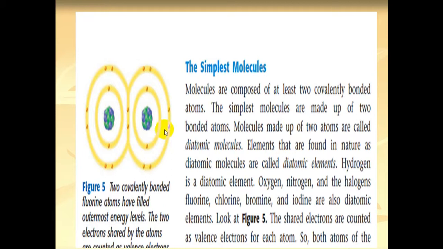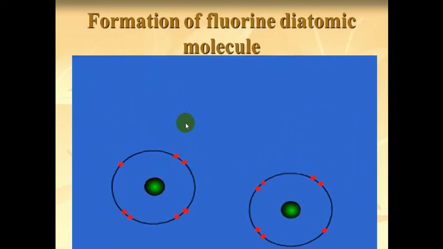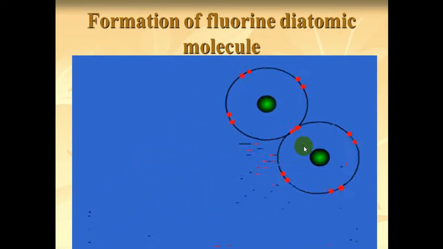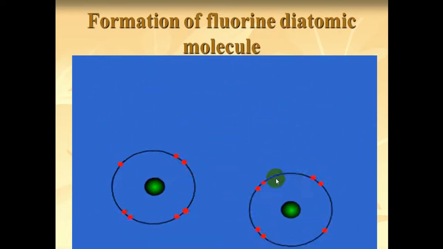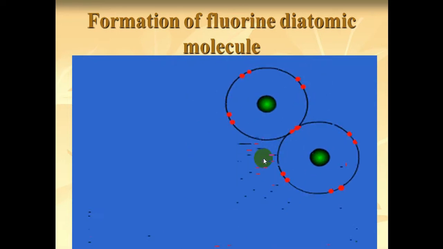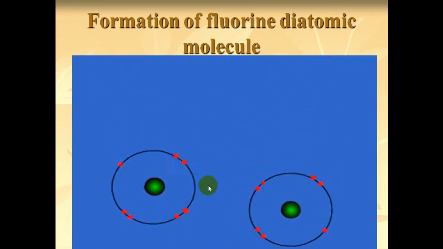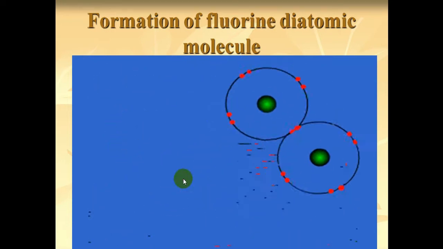So this molecule, we call it a diatomic molecule because it's made from two atoms together and they share a pair of electrons. Like here, the two atoms, each has 7 valence electrons, and they bond together to form the diatomic molecule of fluorine.